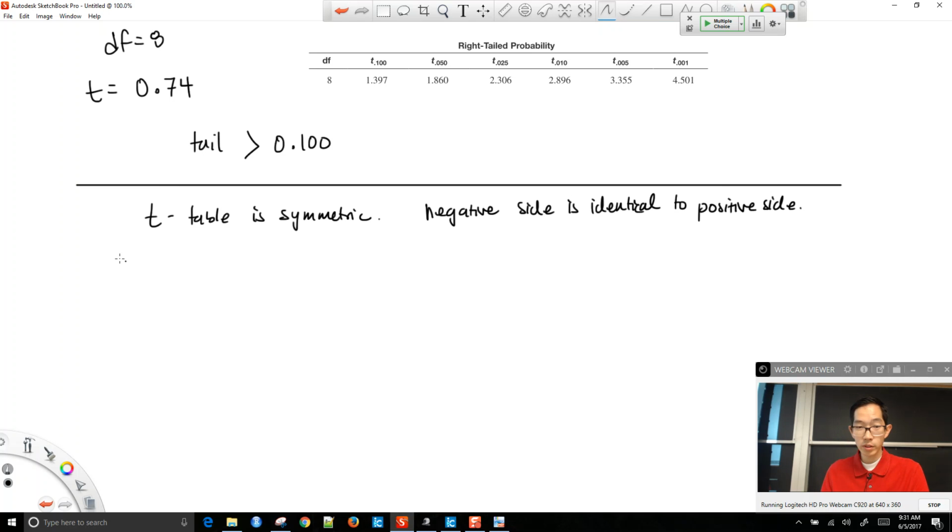So, let's say we have degrees of freedom equal to 8, and t is equal to negative 0.74.